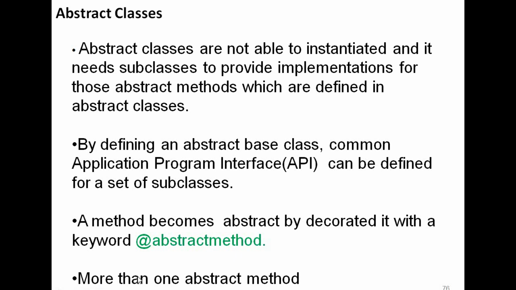Suppose if a class contains more than one abstract method, then any child class that implements this base class should write the body for all the abstract methods that are present in the parent class. Then only we say that implementation is complete.